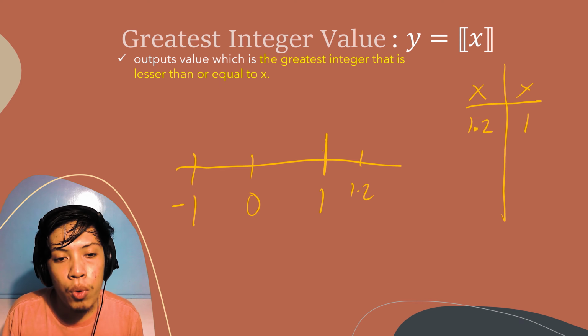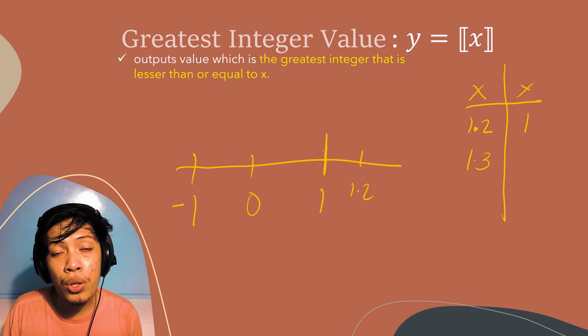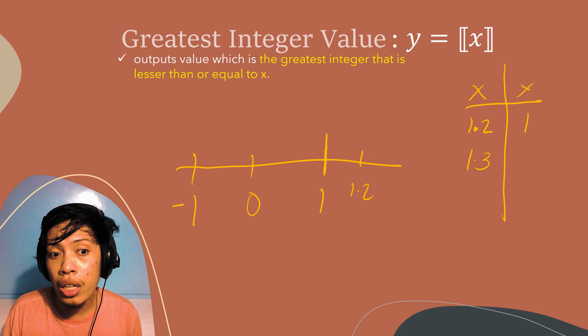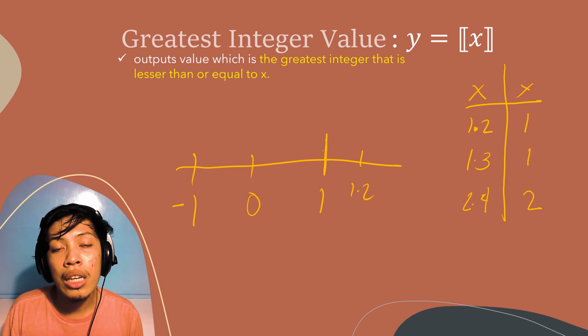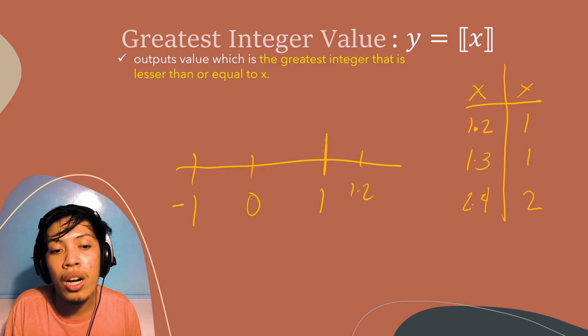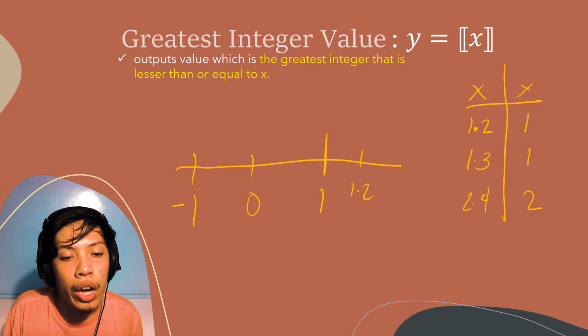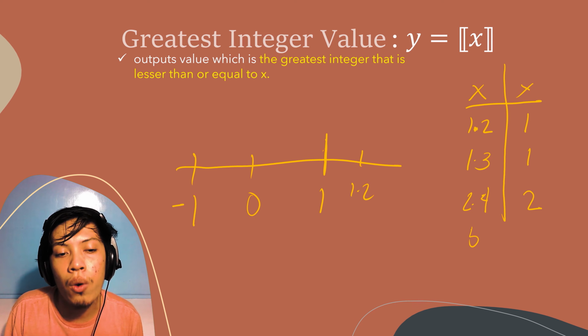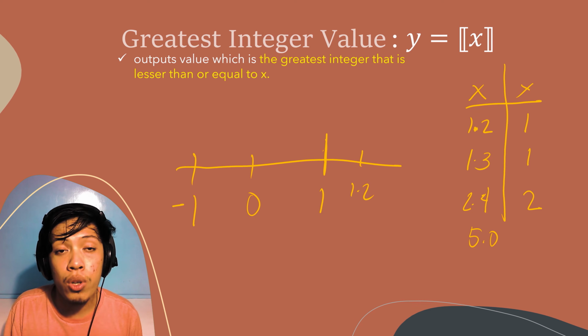Okay, suppose we have 1.3. What is the lesser integer value for 1.3? That is 1. Suppose we have 2.4. Your output for y is 2 because the greatest integer that is just below 2.4 is 2. Suppose we have 5.0. What is your output for y?